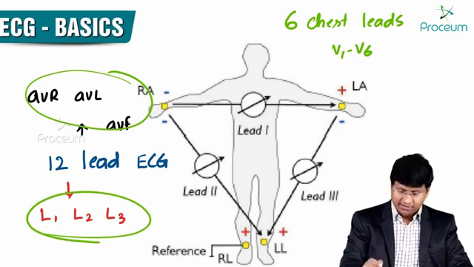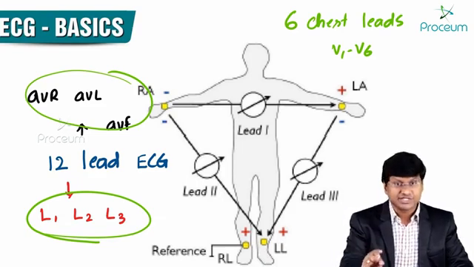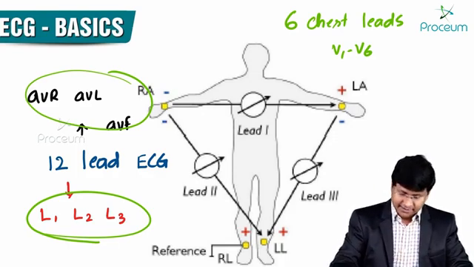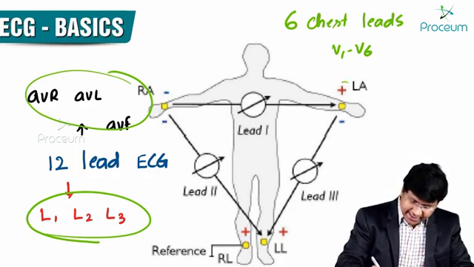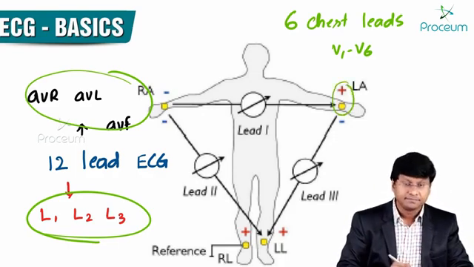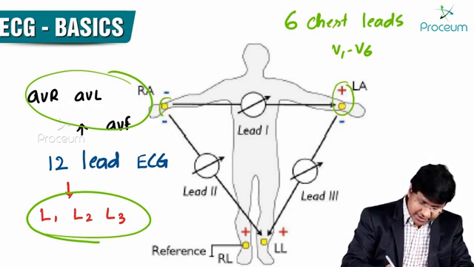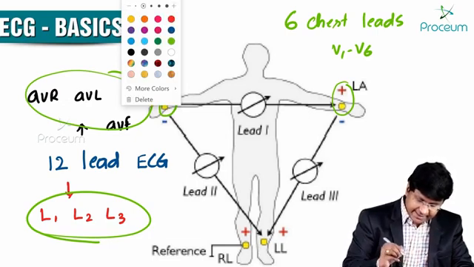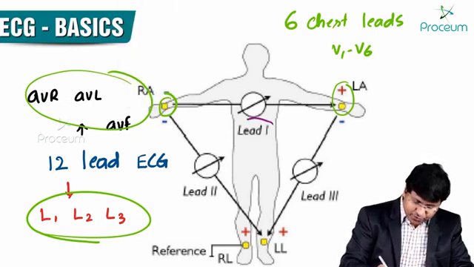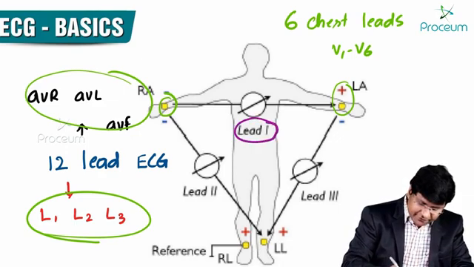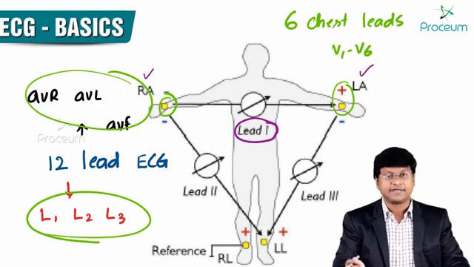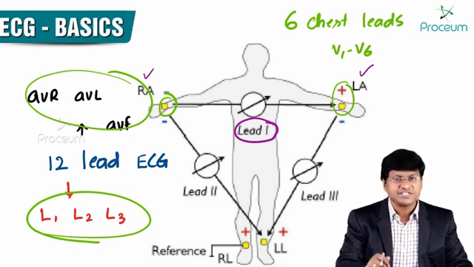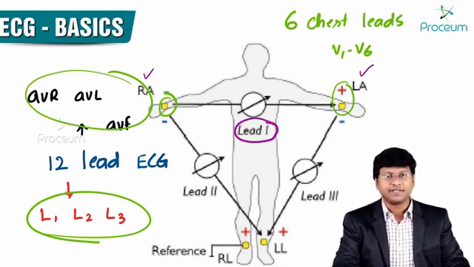Now what does a lead do? A lead is the one which will measure the potential difference between two electrodes. You see, this is an electrode placed on the left arm and this is an electrode placed on the right arm. A lead measures the potential difference between the right arm and the left arm. That is the function of that particular lead, by which it will calculate the electrical activity of the heart.